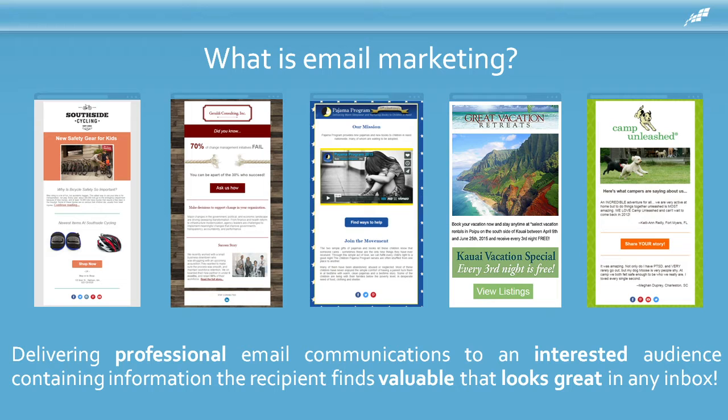Email marketing is delivering professional email communications to an interested audience that has information they find of value that looks great on any inbox. Those are the 4 components that define email marketing, and if any one of those is missing, you're not meeting email marketing best practices.